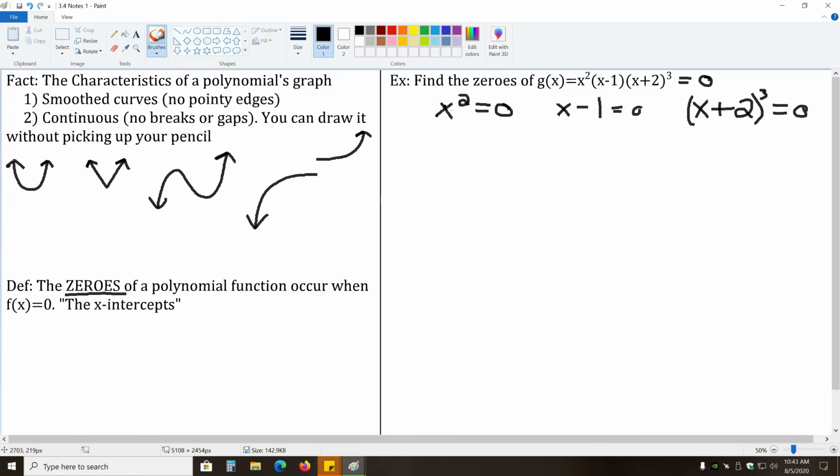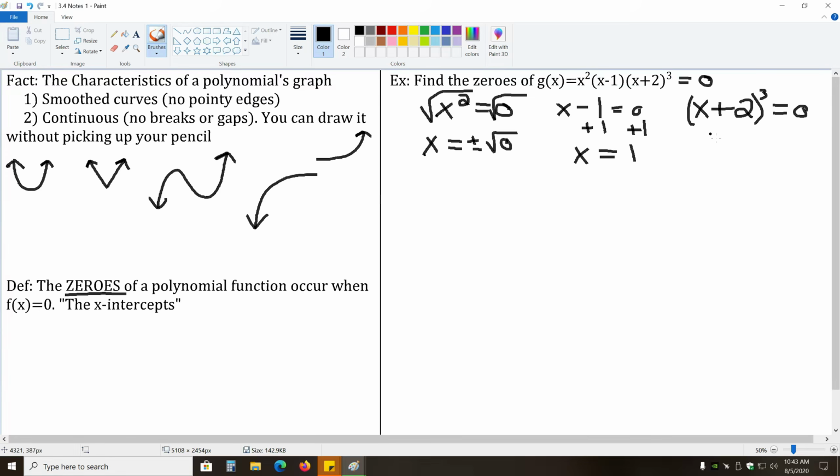And solving for each of these x's, in the first case we could take the square root of each side, which gives us x is equal to plus or minus the square root of 0. In the second case, we can just add 1 to each side, which gives us x equals 1.